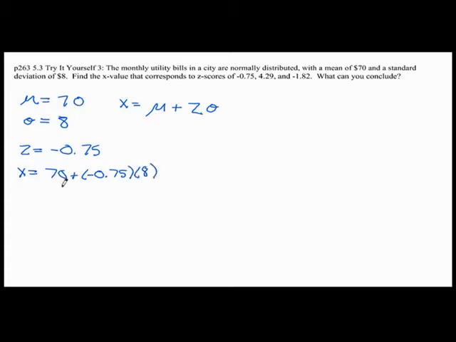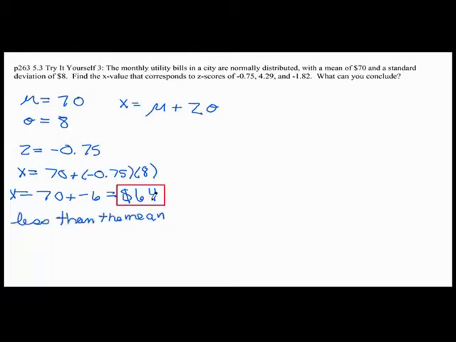And so we're going to multiply those two together, and that'll give us 70 plus a negative 6, which will leave us with $64. So that's the utility bill that goes with that z-score. And so we can interpret that as being less than the mean. So the next one we're going to look at is z is equal to 4.29.